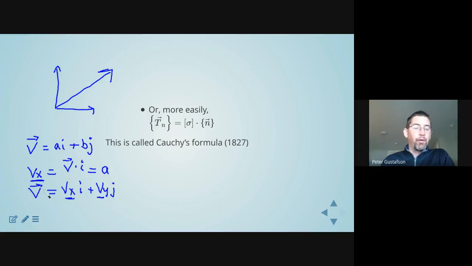So V itself was a vector, but when you take the dot product, you are reducing the rank to a scalar. So similarly, when we had sigma, which was a 3x3 tensor in a matrix sense, you can also just think of it as being a scalar that has 9 components dotted with a 3 component vector.